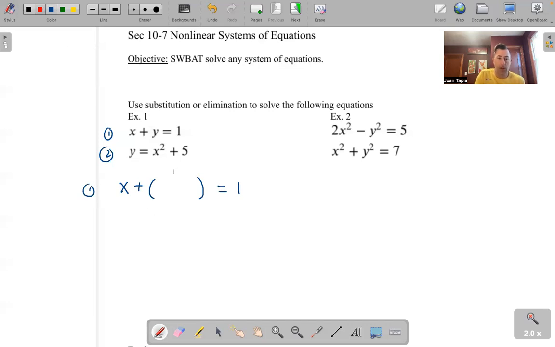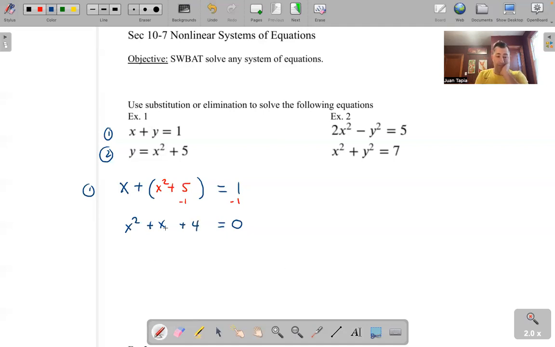I'm going to replace y with x squared plus 5. All right, what I have left is quadratic. So I'm actually going to set this equal to 0 by subtracting 1 on each side. And it looks like I get the equation, I'm going to rewrite it with x squared plus x plus 4.